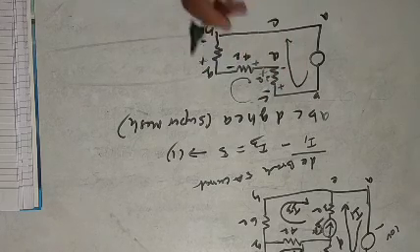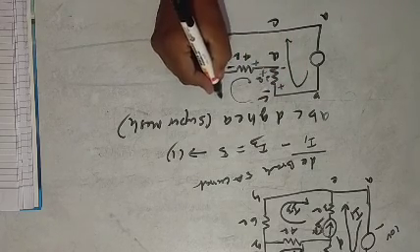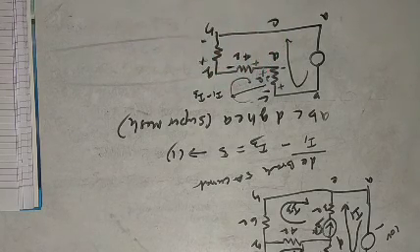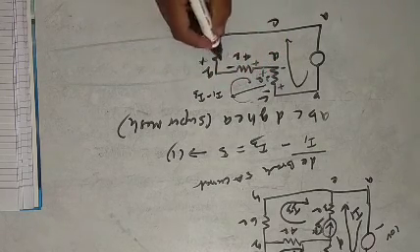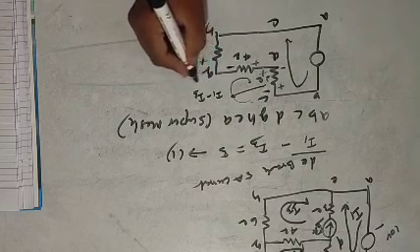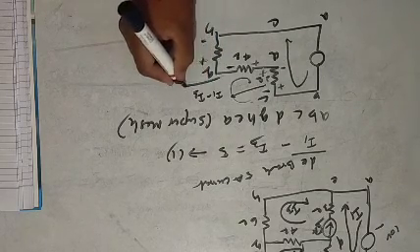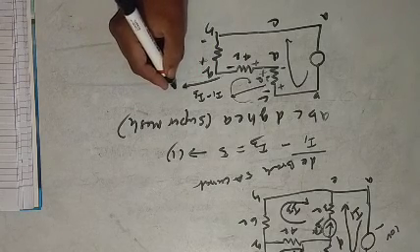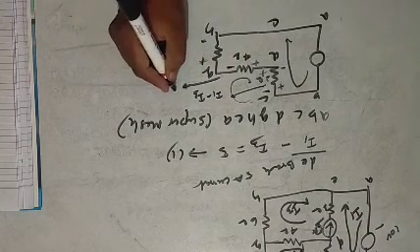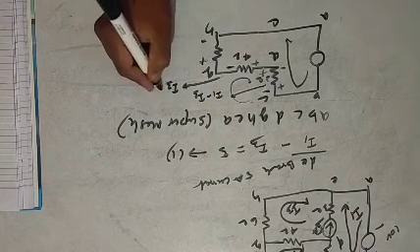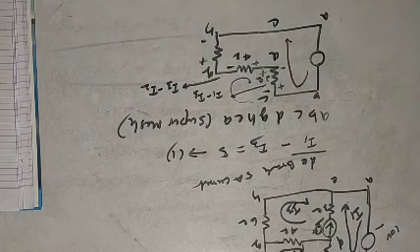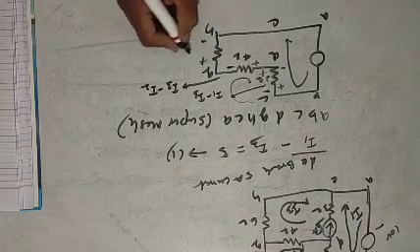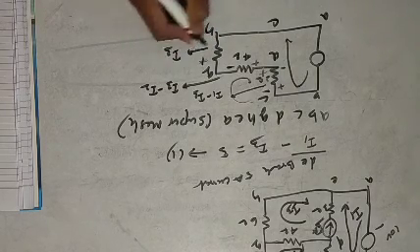The current in this 2 ohm is I1 minus I3. Whereas the current in this 4 ohm is I3 minus I2. Whereas the current in this GH is I3.